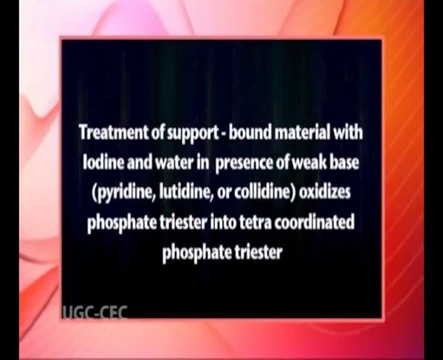Now moving on to step 4, which is oxidation. The newly formed tri-coordinated phosphite triester linkage is not natural and is of limited stability under the conditions of oligonucleotide synthesis. The treatment of the support-bound material with iodine and water in the presence of a weak base, pyridine, lutidine or collidine, oxidizes the phosphite triester into a tetra-coordinated phosphate triester, which is a protected precursor of the naturally occurring phosphate diester internucleosidic linkage.